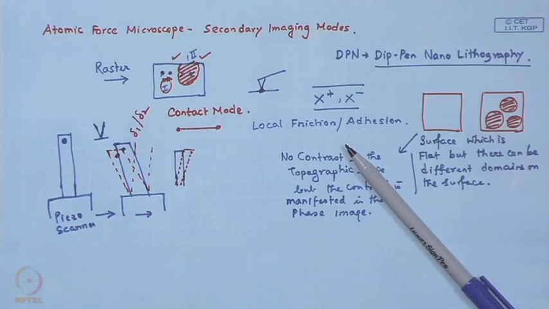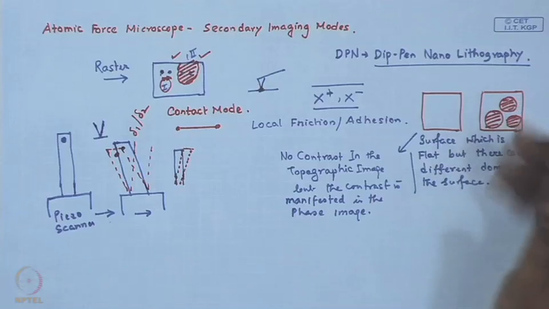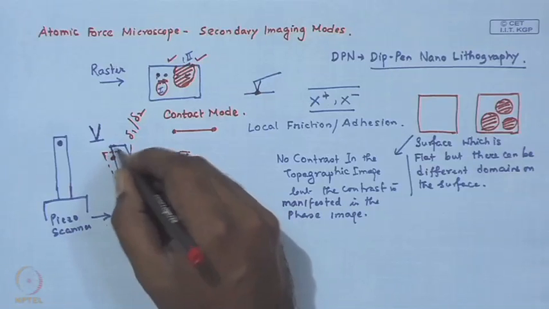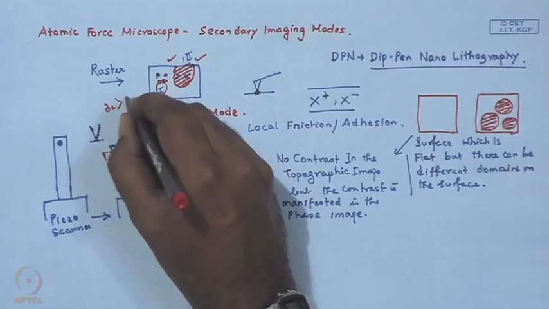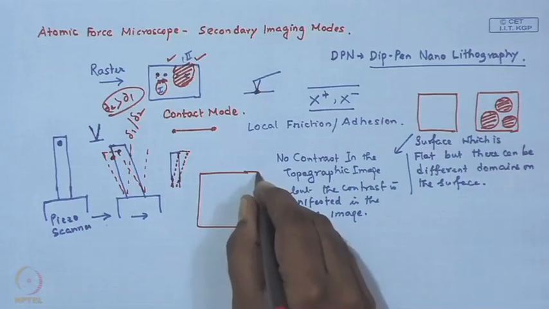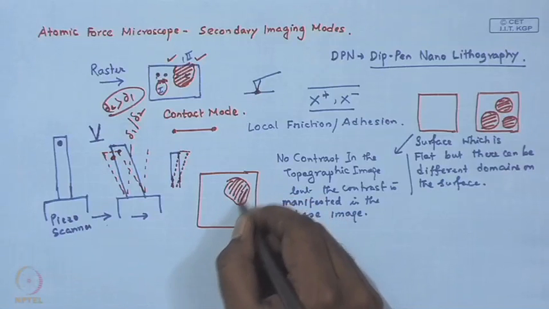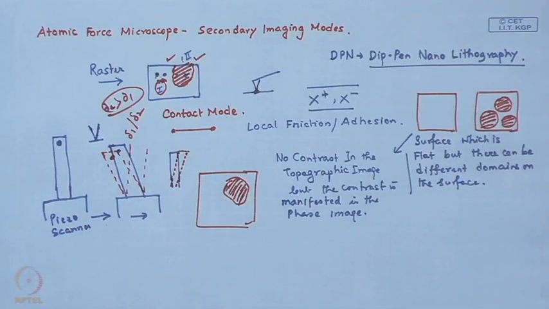So, if a surface has a higher level of friction, or frictional opposition to movement of the tip along the surface, or there is a domain which offers higher friction, or is more adhesive, then the extent of the lateral displacement or the lateral distortion will be higher. So, in that case delta 2 will be higher than delta 1, and if there are distinct domains on the surface which have different friction or adhesion properties, of course, this will show up as an additional contrast in the phase image.